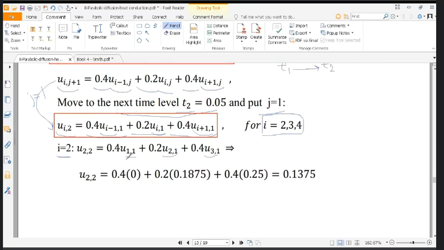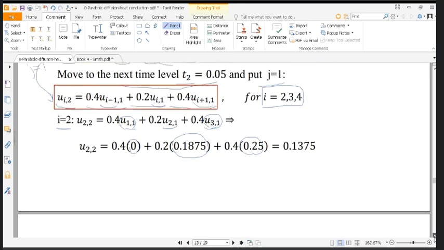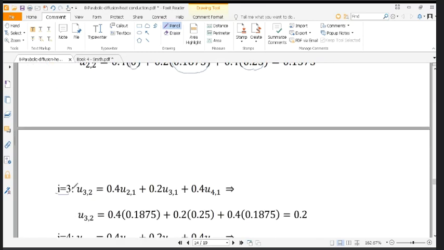We have this value u(1,1) is 0, u(2,1) is 0.1875, and u(3,1) is 0.25. When we compute this expression, the result is 0.1375. And we go to i equal 3. u(3,2) is 0.4 u(2,1) + 0.2 u(3,1) + 0.4 u(4,1).